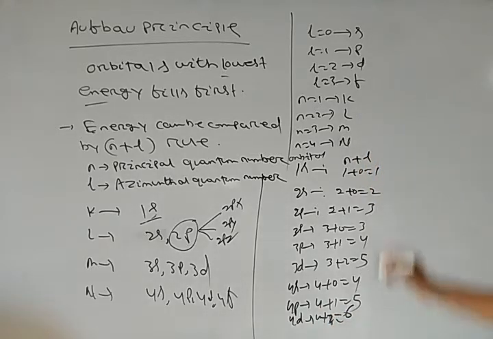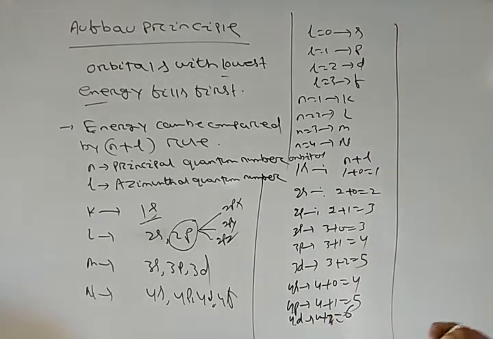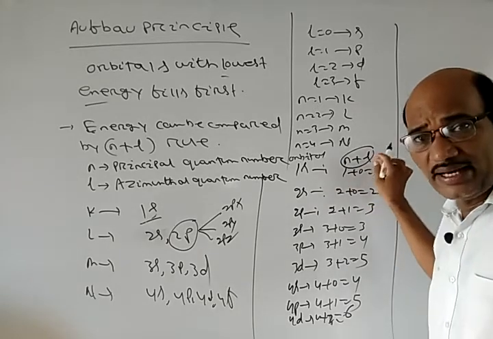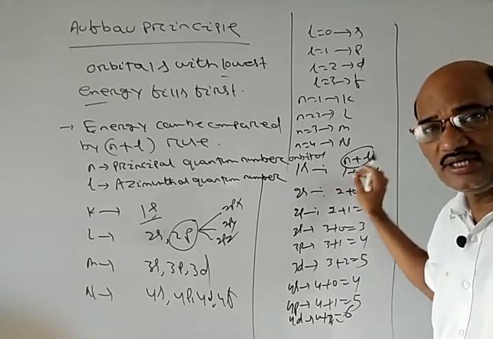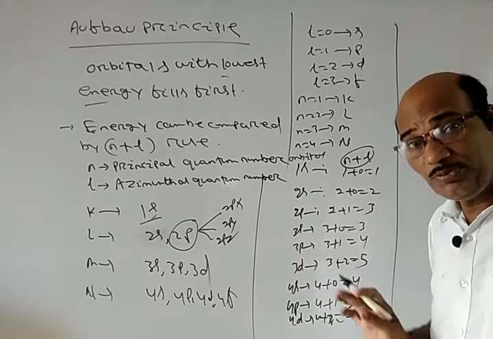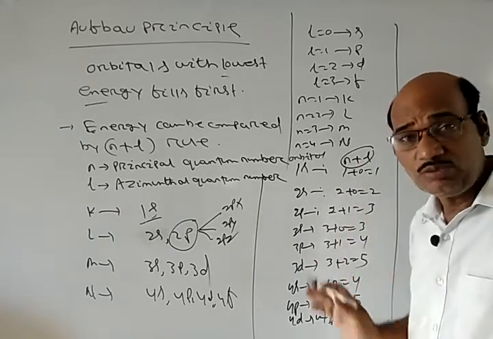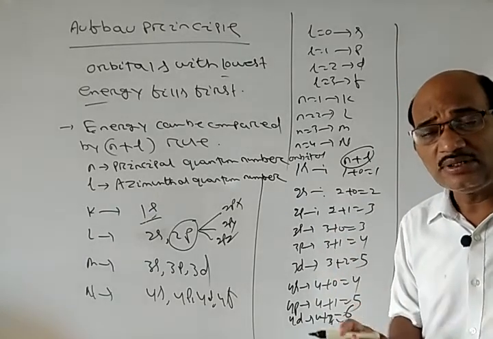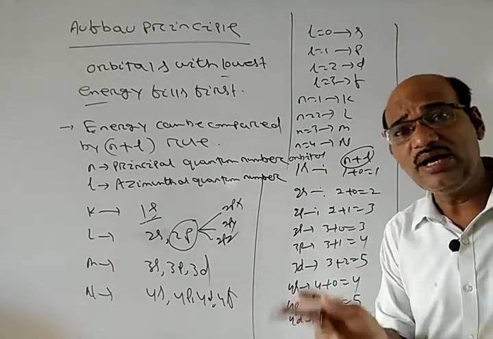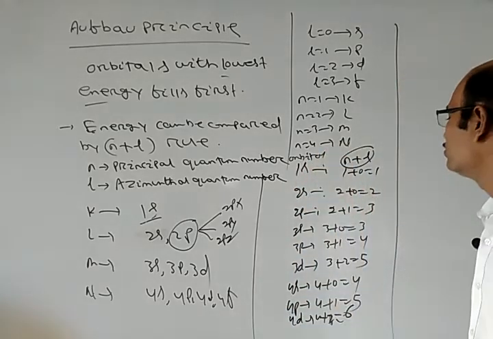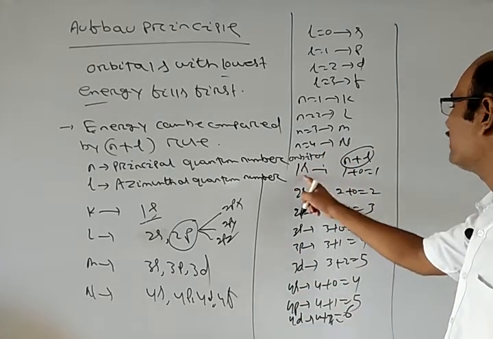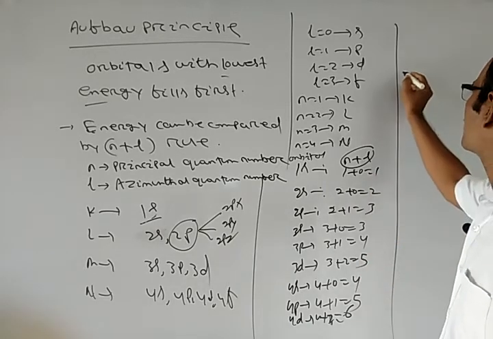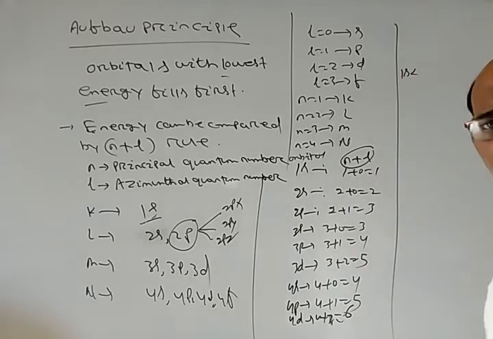So if you compare the energy, the more the n plus l value, the more is the energy. If the n plus l value for two orbitals is the same, then the orbital having the higher value of n will have higher energy. So 1s is the lowest cell, so 1s has the lowest energy.